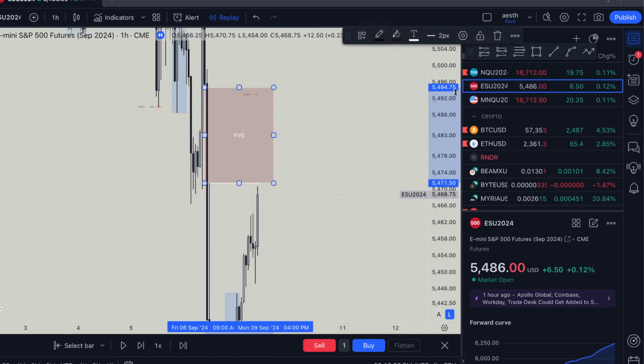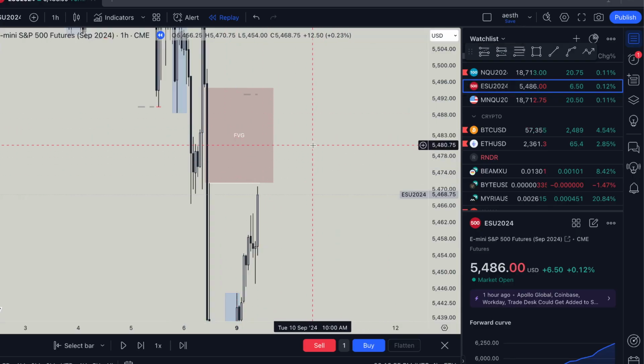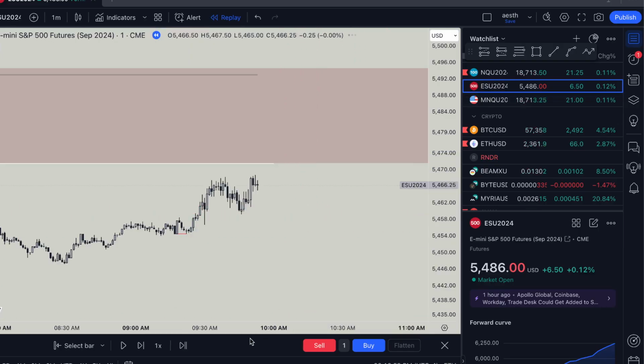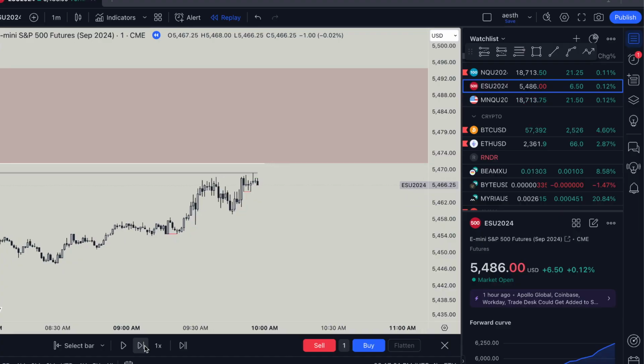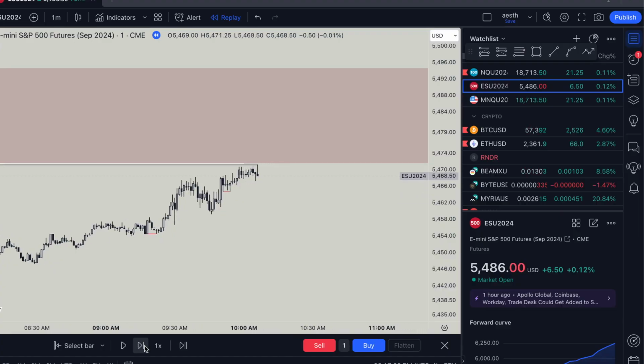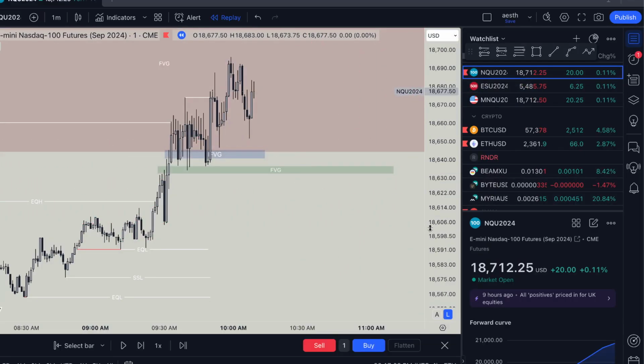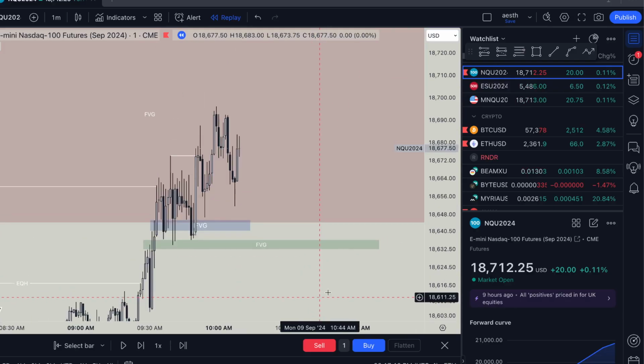And so Blake stated that he wanted to wait for ES to hit this draw before anticipating a reversal. And so you can see that eventually ES hits this draw. Now we can go back to NQ, and now we can focus on NQ.